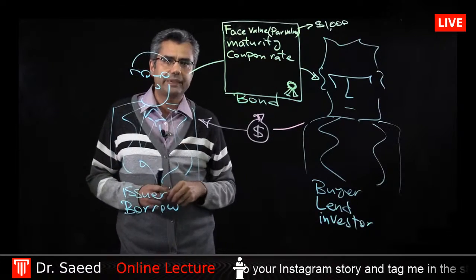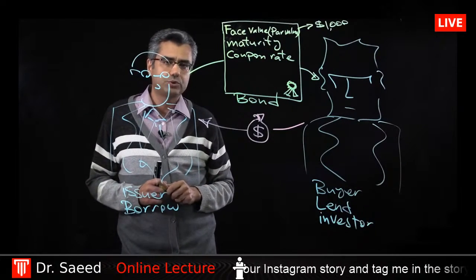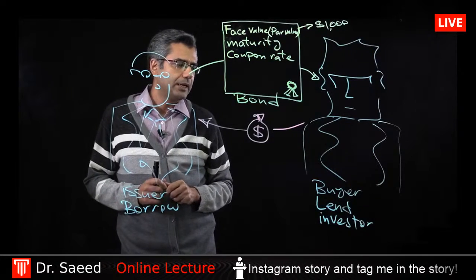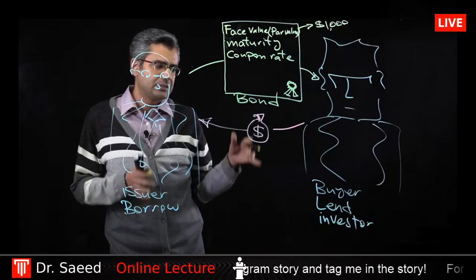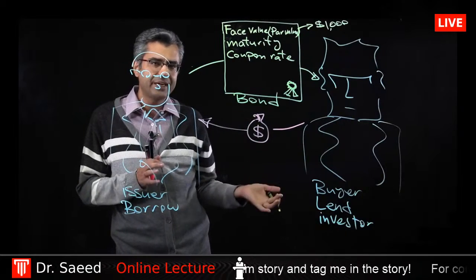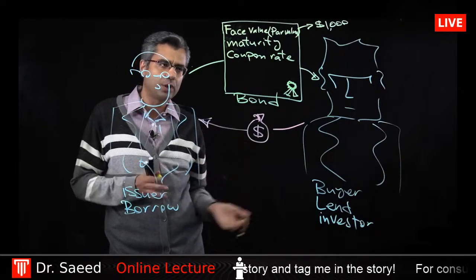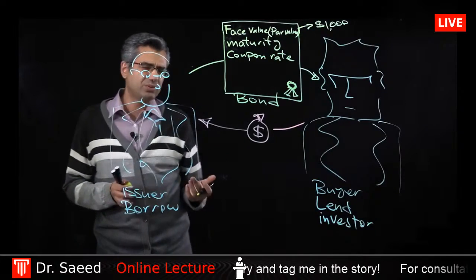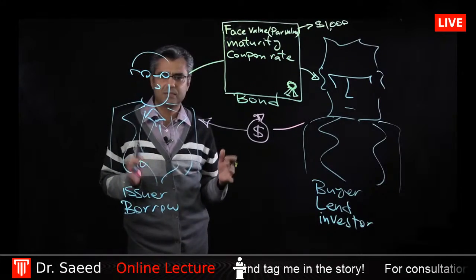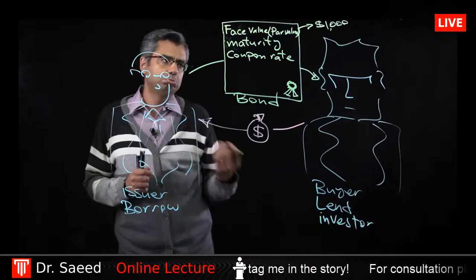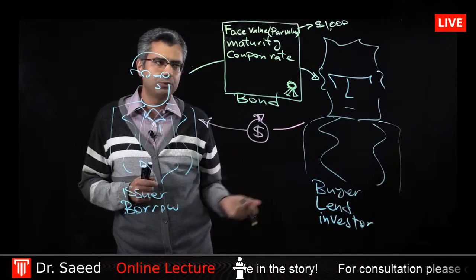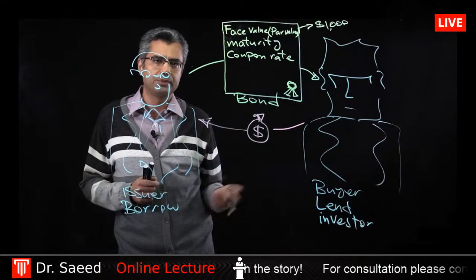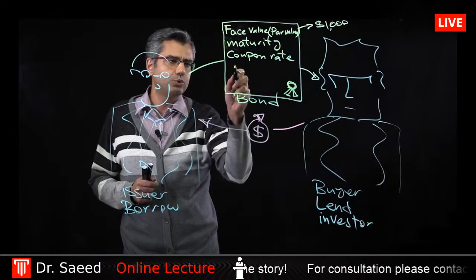So this is another thing mentioned on the contract. Another one is whether the payment is per year, per 6 months, or quarterly. For corporate bonds, most of them are semi-annual, but it can be annual or even different forms, but they need to mention this.